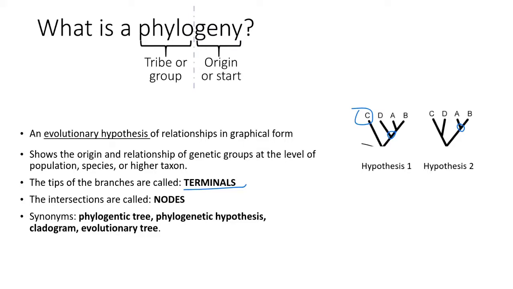Now, synonyms for these three: phylogenetic tree, phylogenetic hypothesis, cladogram. We will learn what a clade is in a second. Evolutionary tree. So pretty much this is the evolution of organisms represented in the form of a tree. It doesn't have to be a million years for organisms to evolve. Right now, the virus that is attacking the human population is changing super fast.